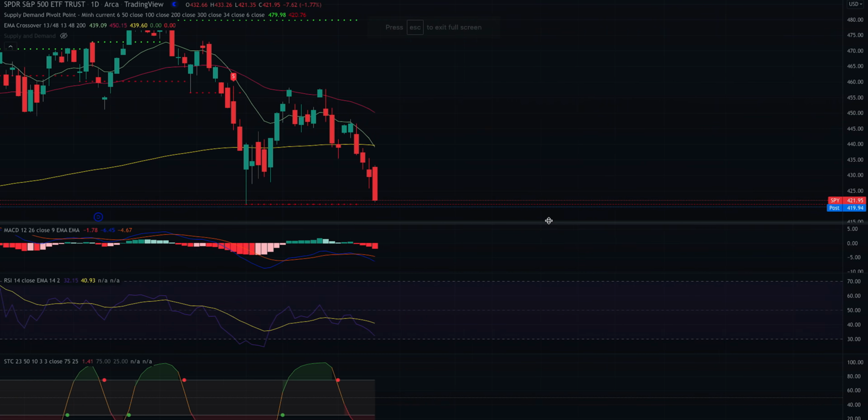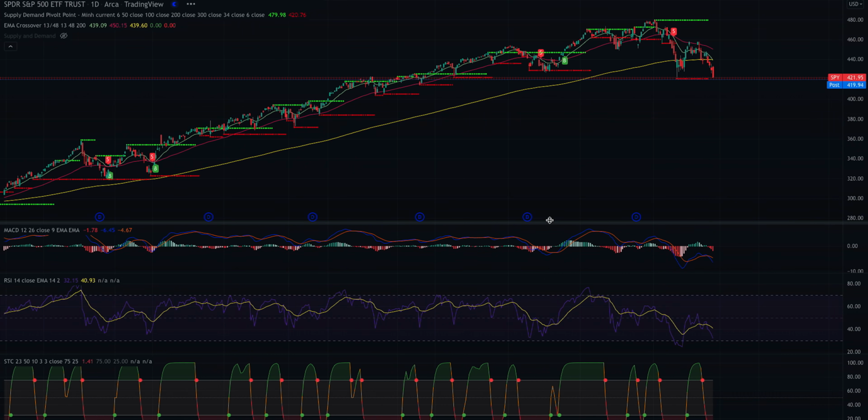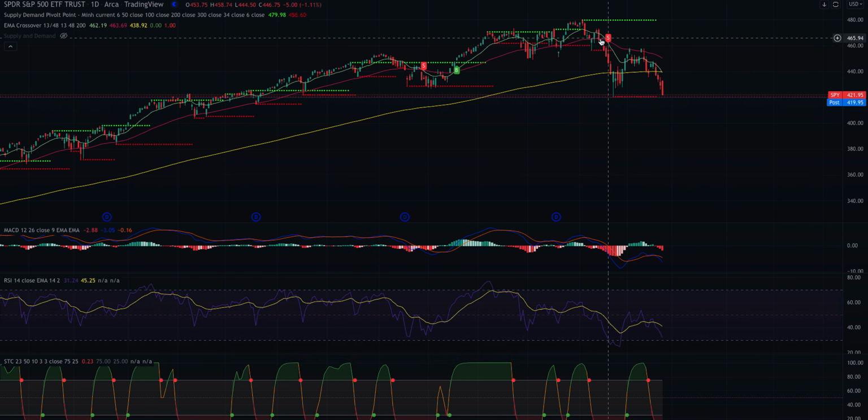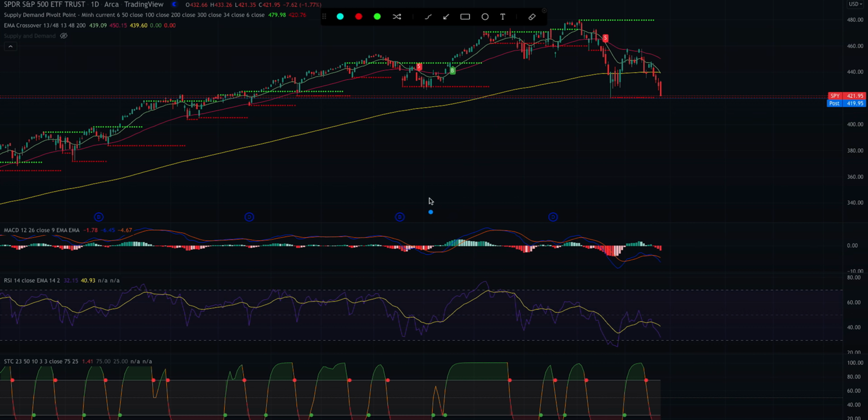But let's go ahead and look at the broader market because, guys, everything is legitimately following the SPY. So here we have the SPY on the daily. And I want you guys to pay very close attention to this yellow line here. This yellow line is the 200 EMA, okay?